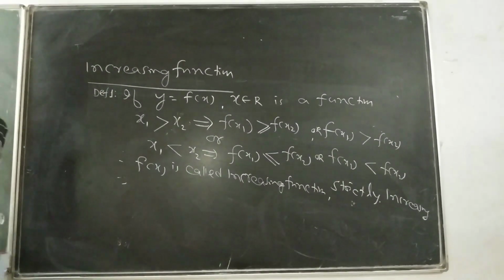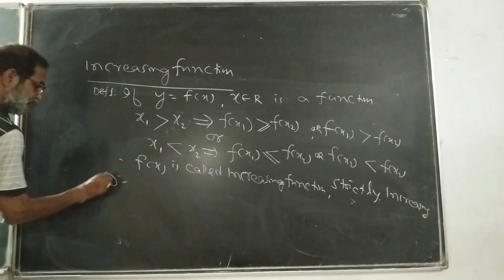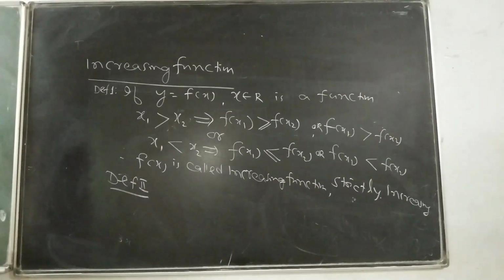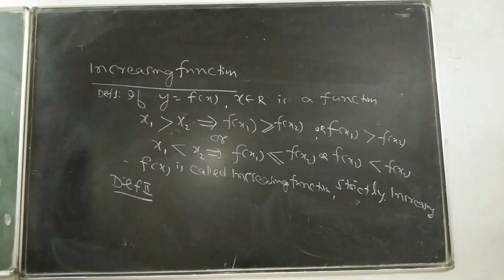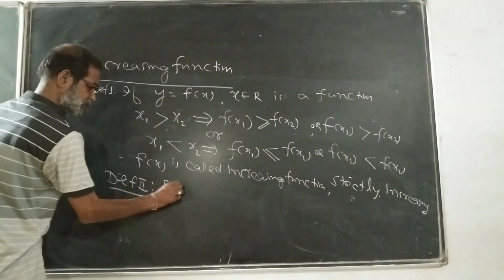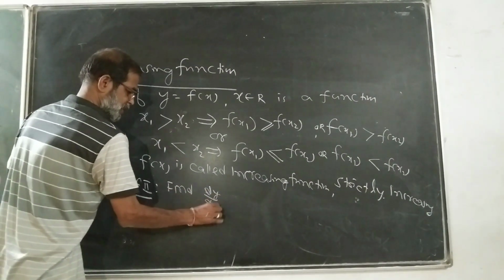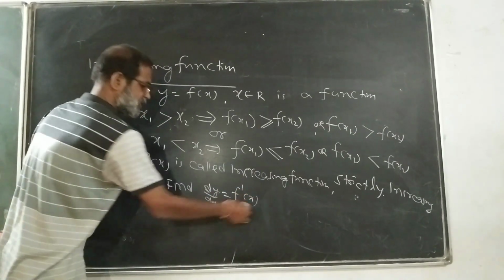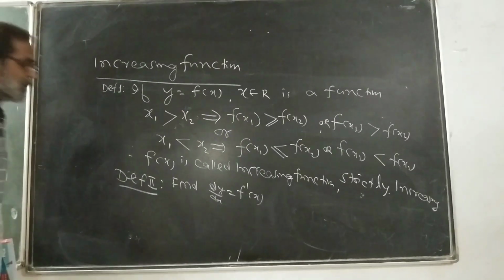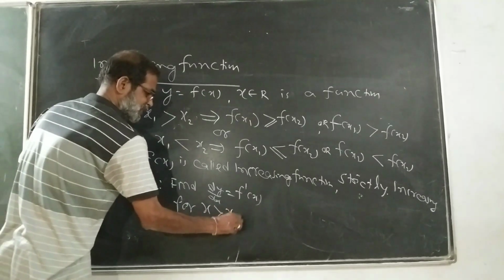So definition 1, and now definition 2. Here we will follow the derivative method. The derivative method is: find dy by dx equal to f dash x, and put some values for x greater than x1.